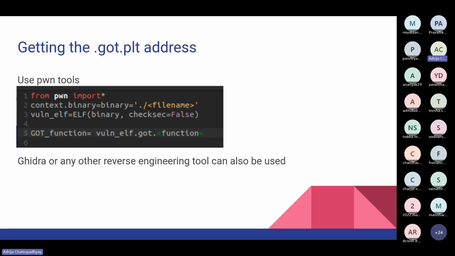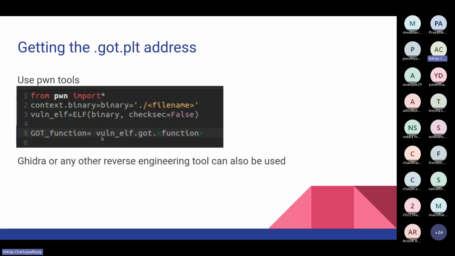All that information is there with the binary when it still has its symbols intact. So we're loading all those symbols using pwntools.